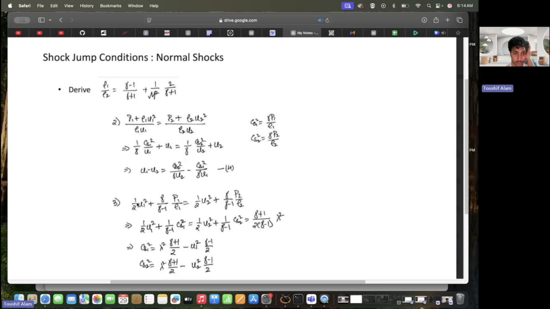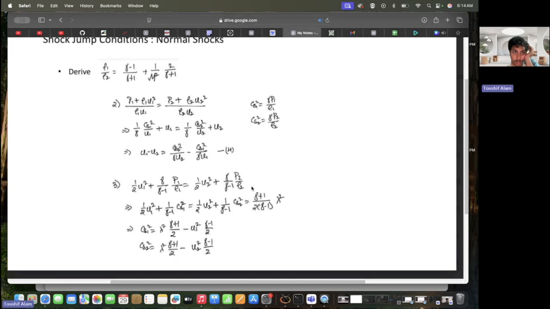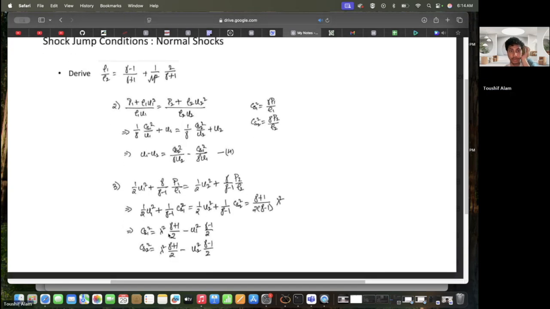Which is again similarly half U1 square plus gamma by gamma minus 1 P1 by rho 1 is equal to half U2 square plus gamma by gamma minus 1 P2 by rho 2. So this then again becomes half U1 square plus 1 by gamma minus 1 CS1 square is equal to half U2 square plus 1 by gamma minus 1 CS2 square.